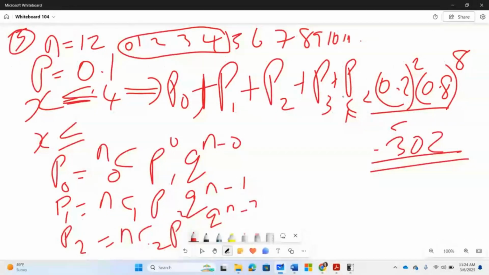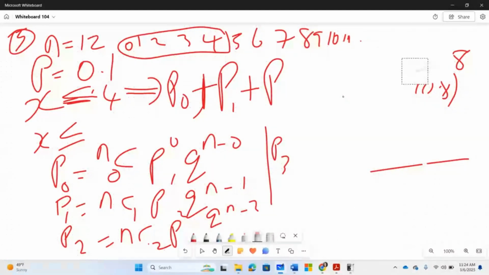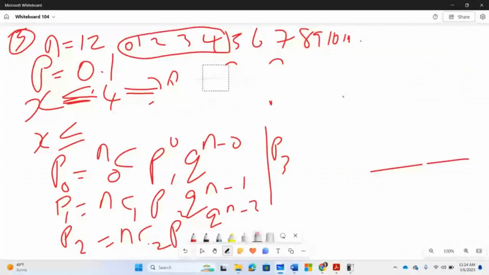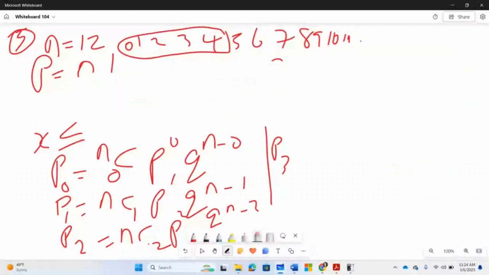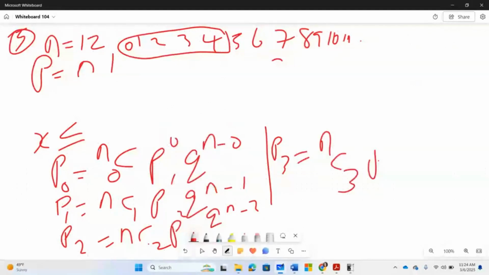So the next one is P3, and I'm going to clear this. So P3 will be n combination 3, success to power 3, failure to power n minus 3.